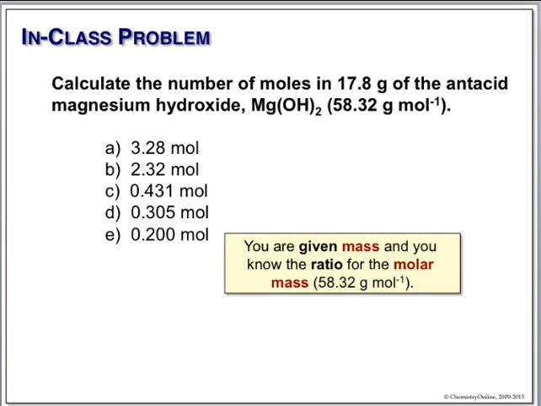Take our mass. We're going to use this as a ratio, but we have to have grams in our denominator. So there's our given. Our ratio, we're going to have to flip this upside down, so grams is in the bottom.